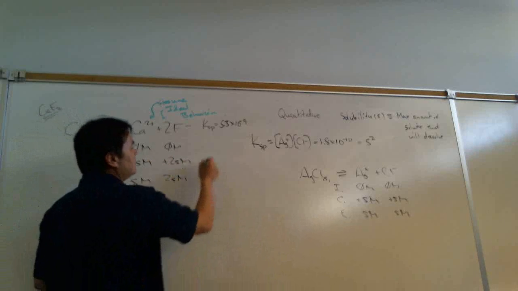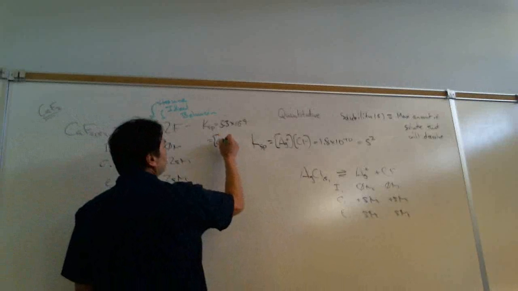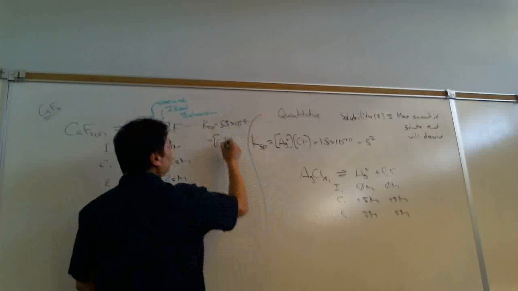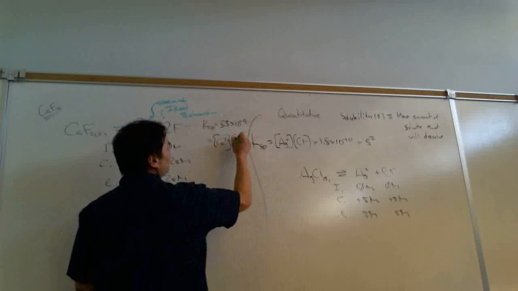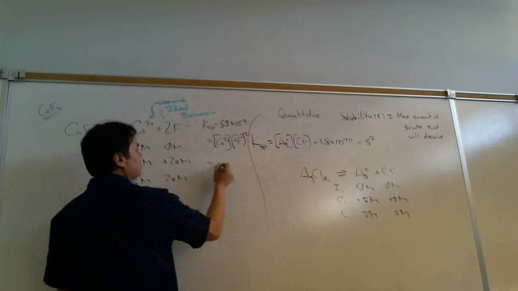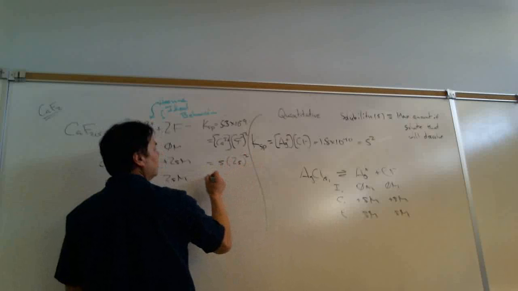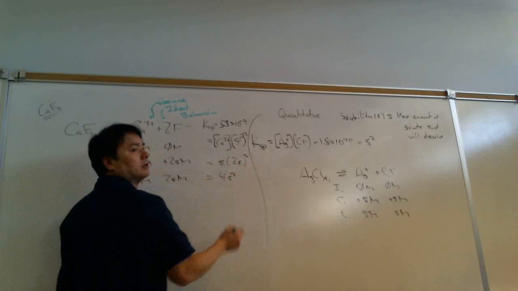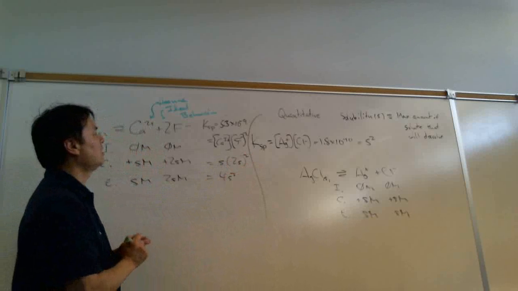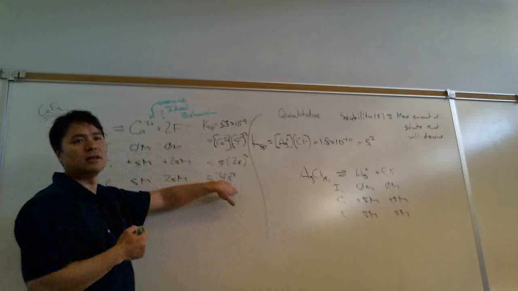So what this means is the KSP is equal to the calcium ion concentration times the fluoride ion concentration squared. The calcium ion concentration is S, the fluoride ion concentration is 2S quantity squared. This gives us 4S cubed. And so the solubility here is going to be the KSP divided by 4, and then you take the cube root.